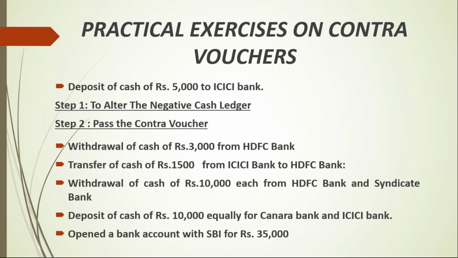Now the same format, how we deposited cash into Canara and ICICI Bank. In the same way, we are also passing the same entry where a bank account is opened with State Bank of India. So funds are moving out of the company and they are getting deposited into the State Bank of India. So in the same format, we can pass this voucher, right?